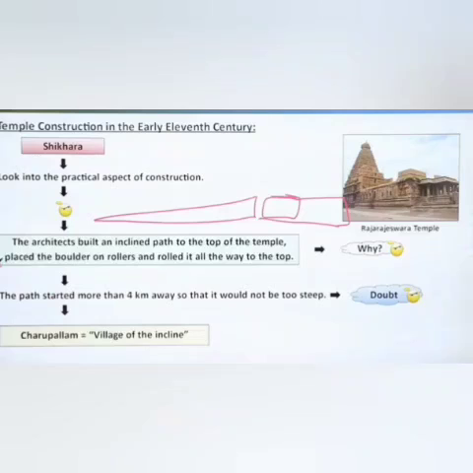अब जो शिखर होता था अगर मैं आपको बताऊं तो शिखर मीन्स दैट इज द टॉप ऑफ द टेम्पल. नॉर्थ इंडिया में क्या होता था, देयर वर मल्टीपल shikhars, but in the south there was only one shikhar, which was bigger than the northern ones.